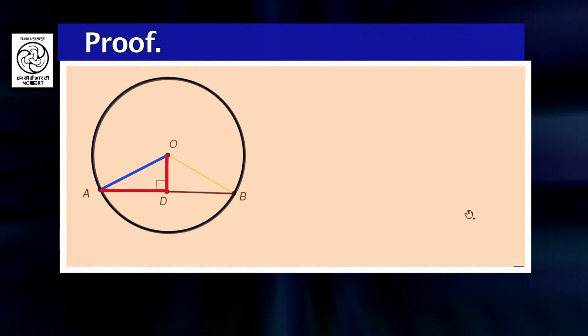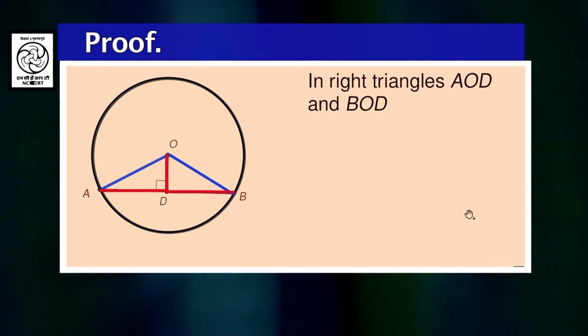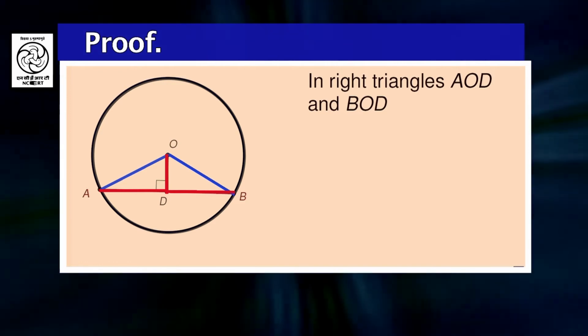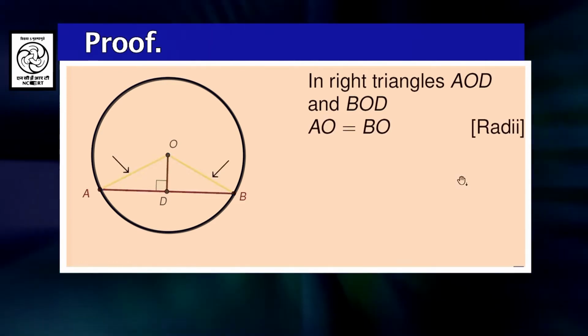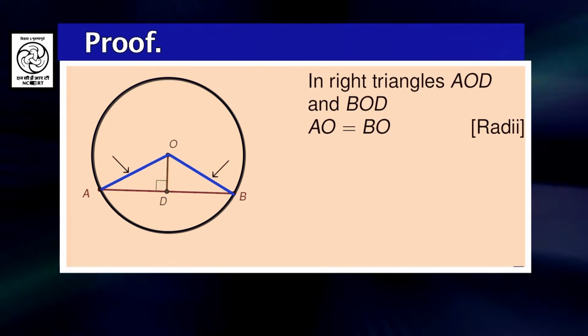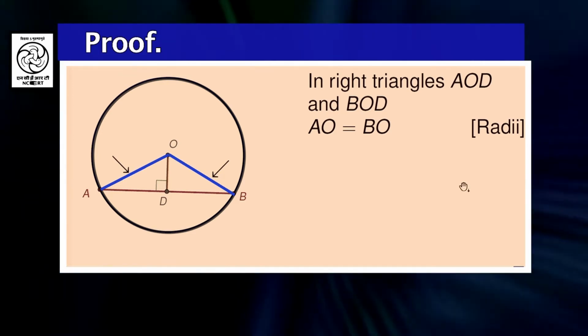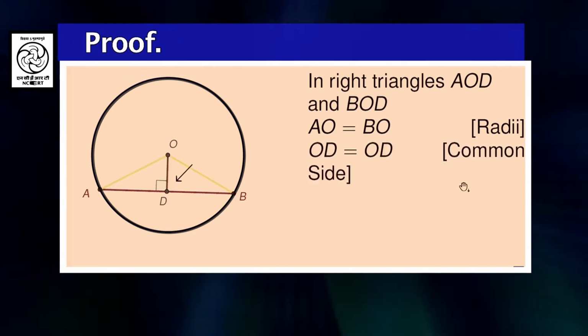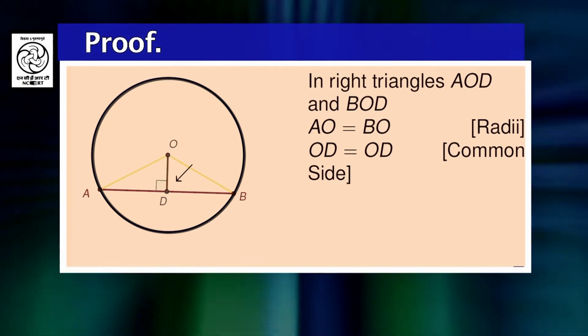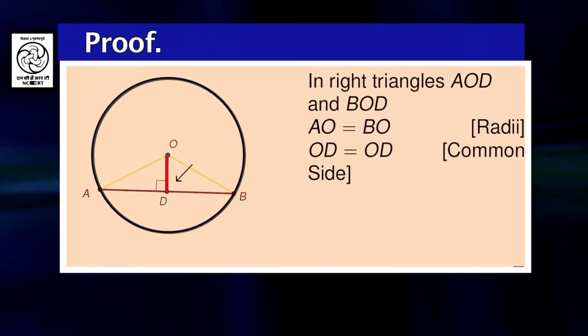So, we have a circle with center at O and a chord AB. We draw a perpendicular OD from O to the chord AB. Join OA and OB. In triangle AOD and BOD, which are right angle triangles, we have AO is equal to BO, both are radii of the circle, and OD is a common side, therefore, both triangles have the same side OD.